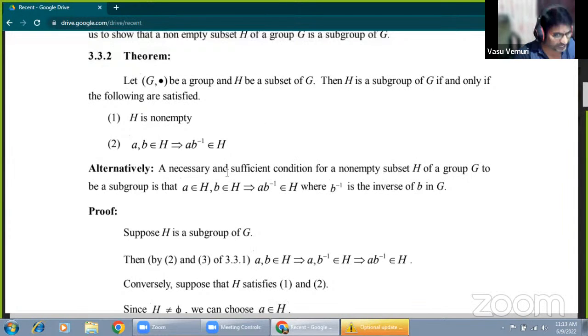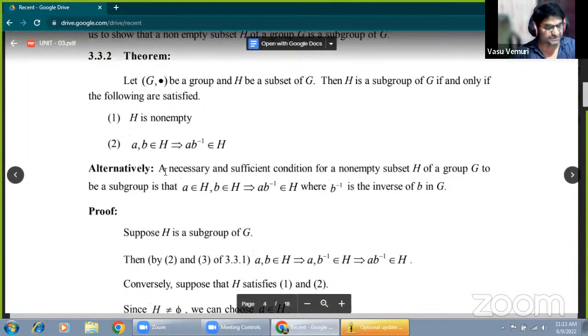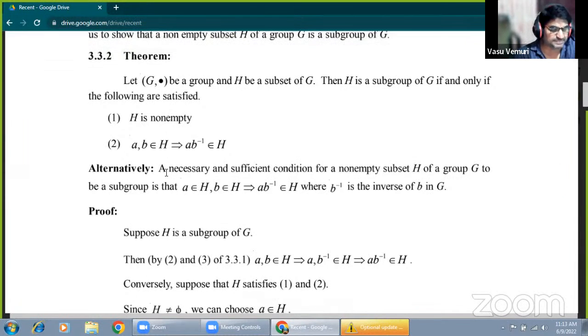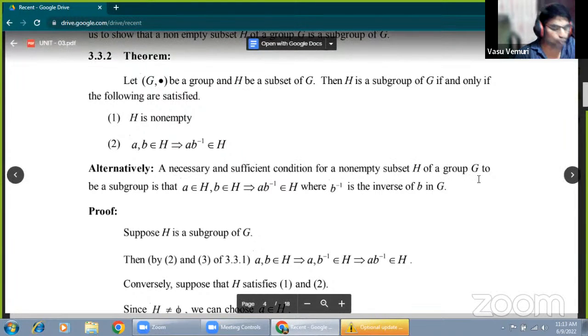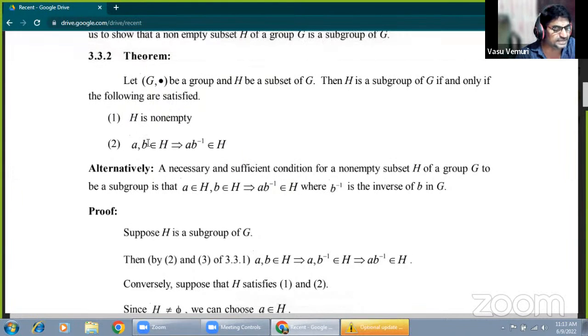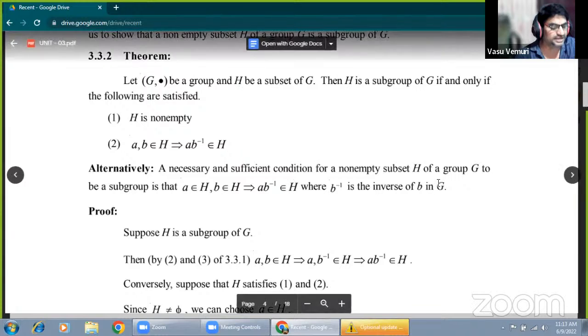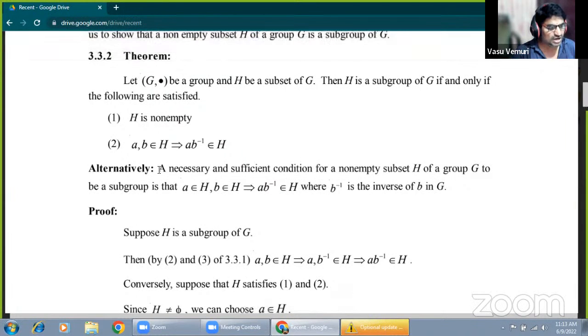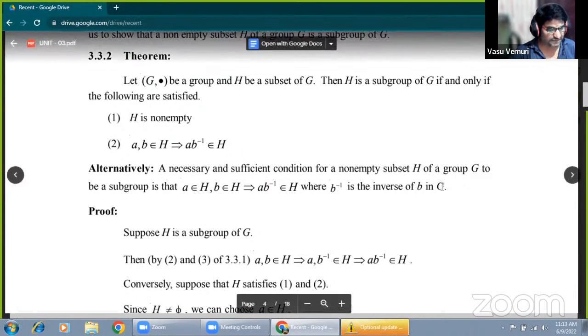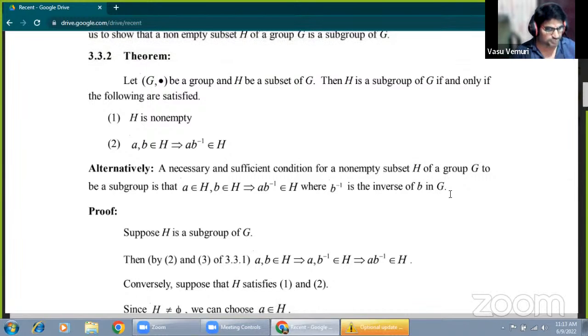That's enough. And alternatively, in examinations, this type of question is also given. What is that? A necessary and sufficient condition for any non-empty subset H of a group G to be a subgroup is that A belongs to H, B belongs to H implies A B inverse belongs to H. Here B inverse is the inverse of B in capital G. This is another way, the second approach to the statement.